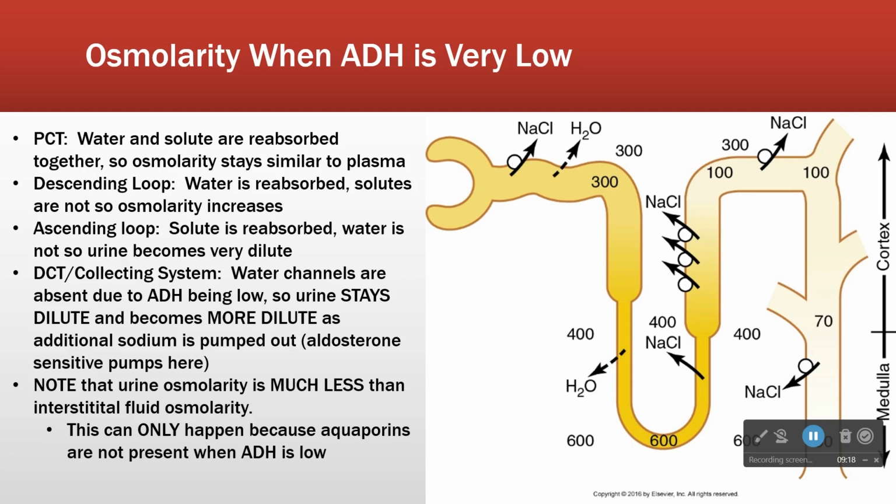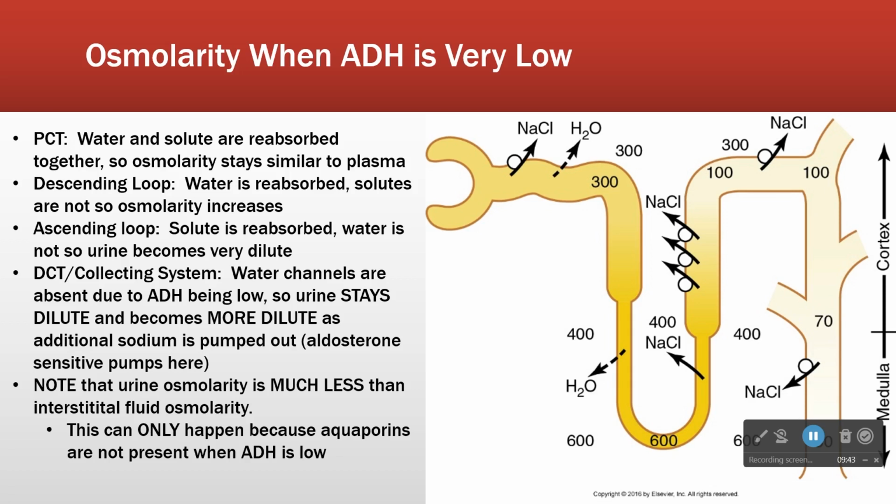So first we took the water out, then we pumped the solute out. So by the time we get to the distal convoluted tubule, we have very dilute urine, more dilute than it was when it started, right? So at this point, the nephron loop has not really done anything but dilute the urine. And we'll talk about how that all fits together in a minute.